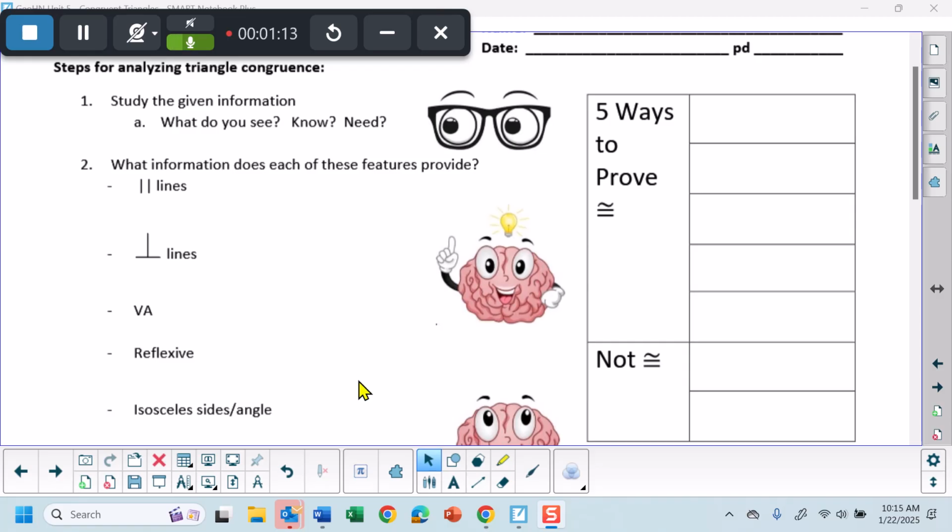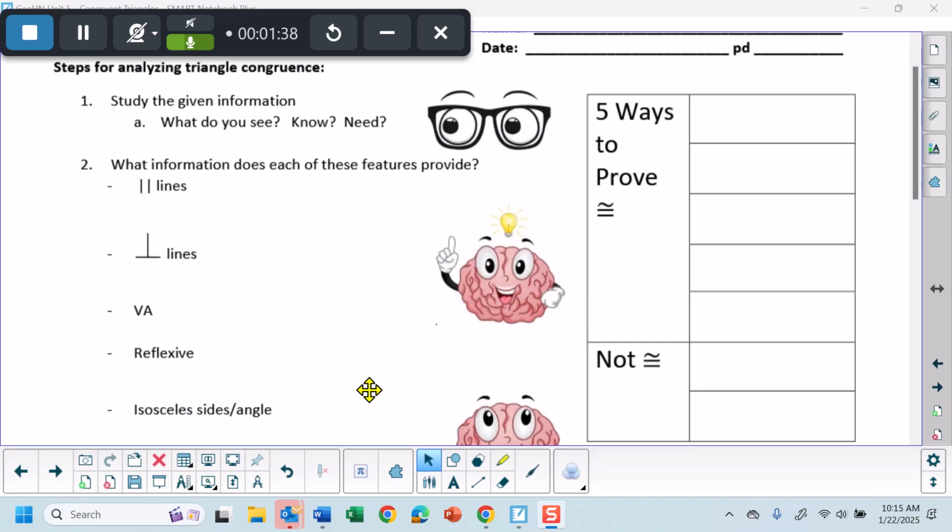And one of the hardest parts about this is keeping straight the difference between what I'm proving and what I'm given and what I can figure out on my own. So your number one step when you're looking at these triangles is to study the given information. Ask yourselves, what do I see?